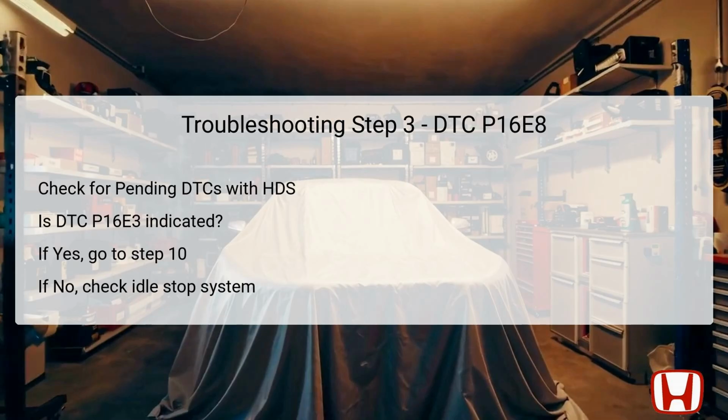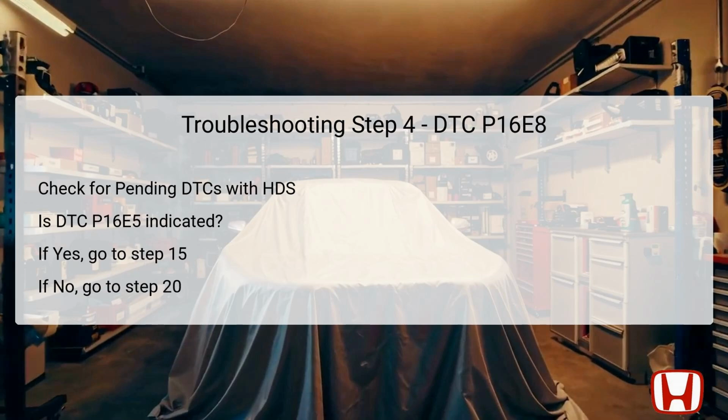Consequently, efforts should be directed to step 10 for resolving this issue. In scenarios where DTC P16E8 is not detected, it's necessary to differentiate between vehicles equipped with and without the auto-idle stop system. This distinction helps in identifying the next steps in troubleshooting and directing the technician to the corresponding next step based on the vehicle's specific configuration.